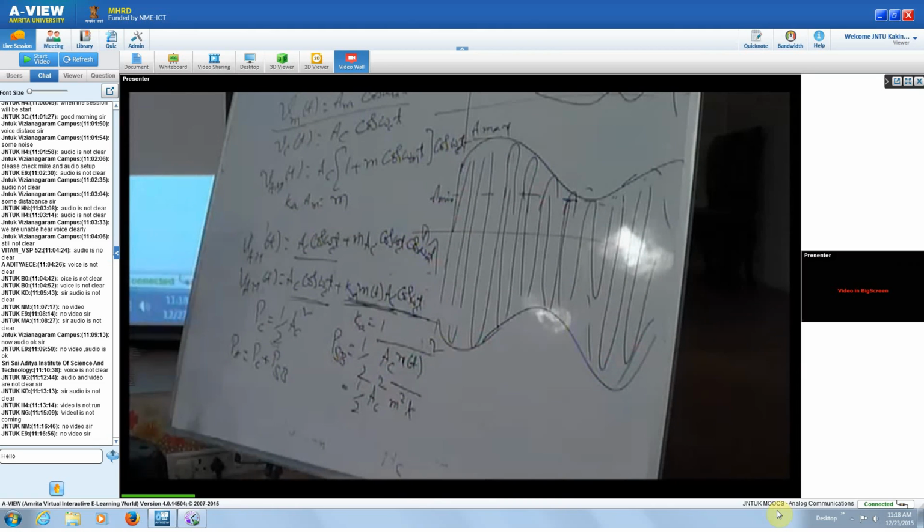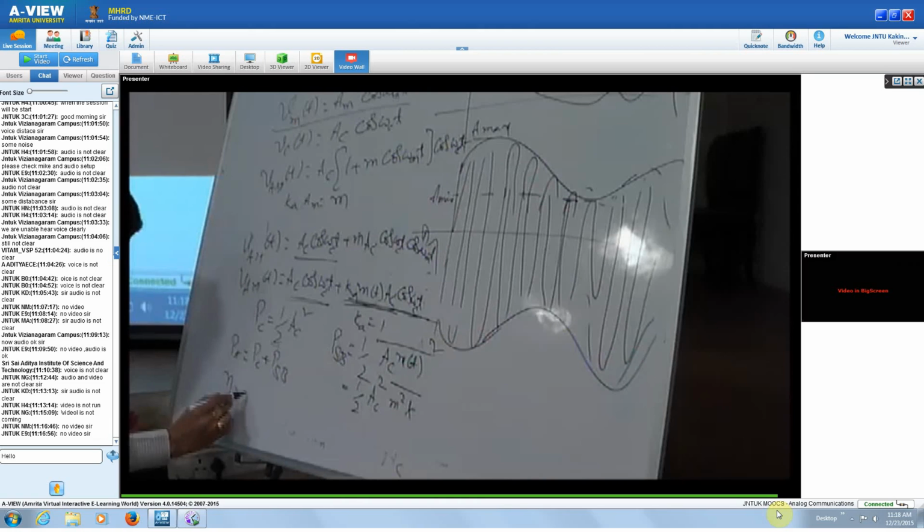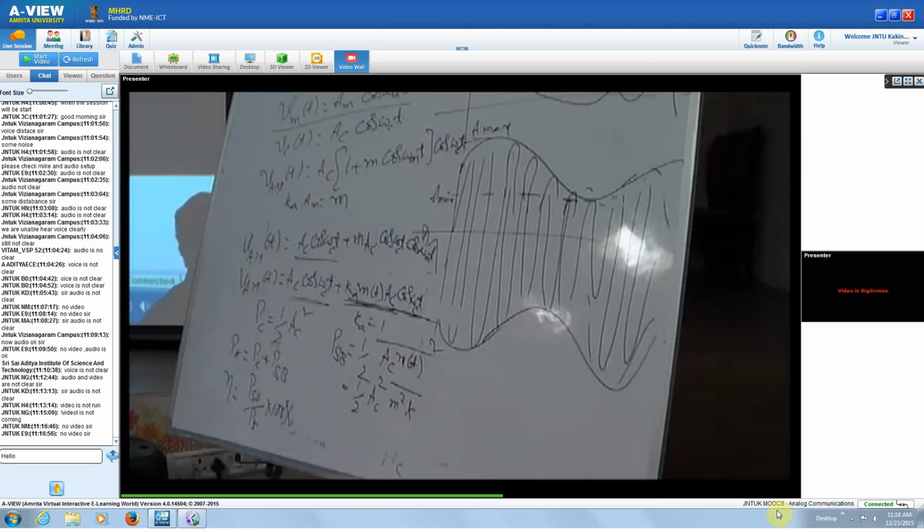The efficiency of this modulation we can have as P_sideband by P_total into 100%. The efficiency in percentage is the sideband power, which is the information, divided by the total power that we are transmitting, into 100.